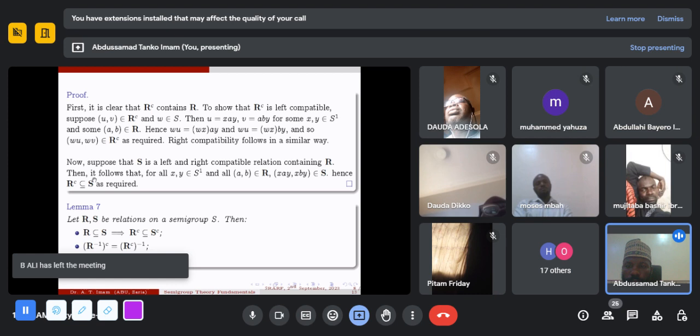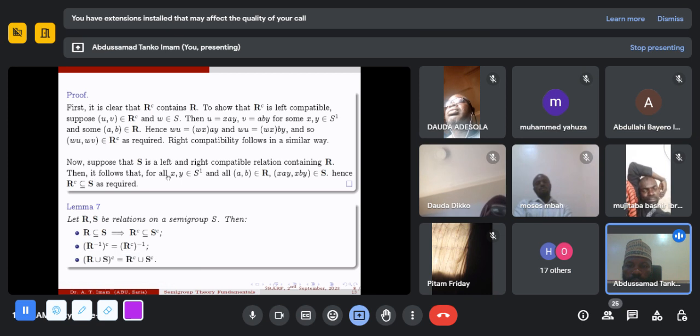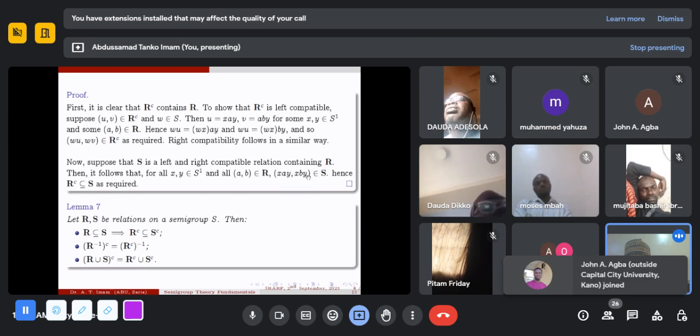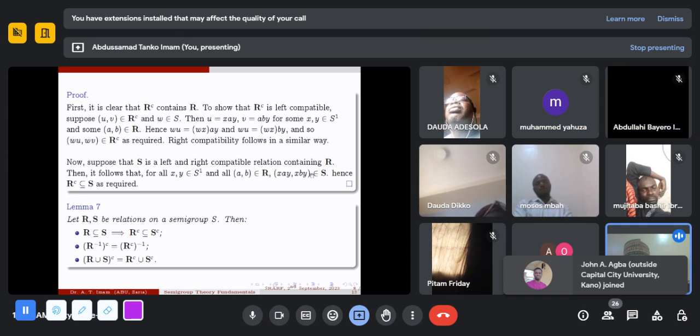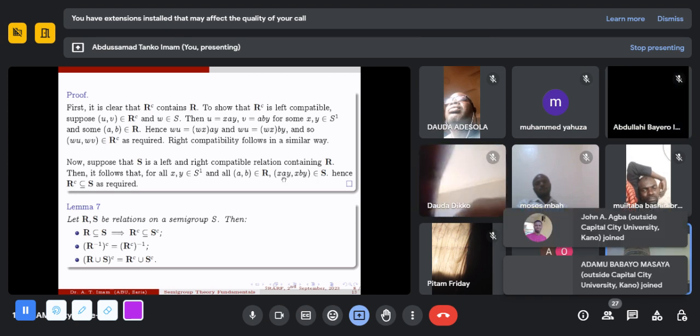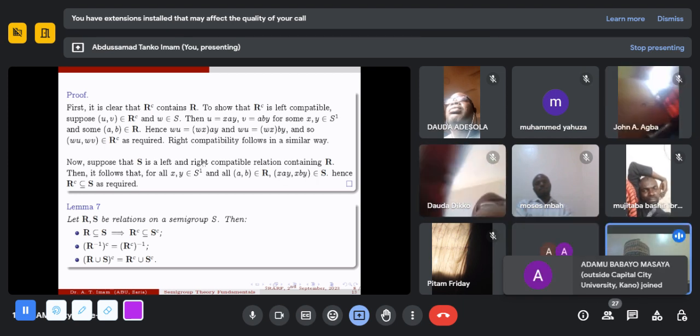So suppose some other relation S exists, and it's left-right compatible, containing R. Then it follows that for all x, y in S1, the semigroup with identity adjoined if necessary, and for all pairs (a, b) in the relation R, xay, xby will be in S. This pair is in S precisely because S is left and right compatible.